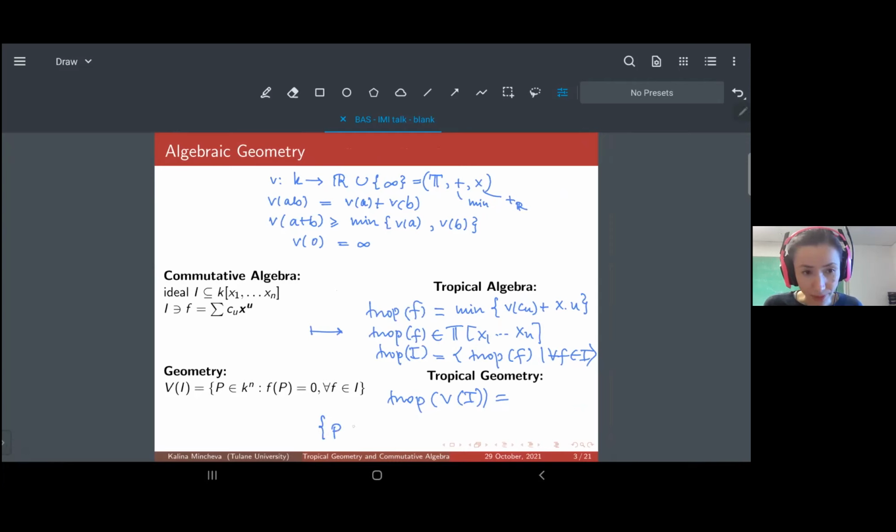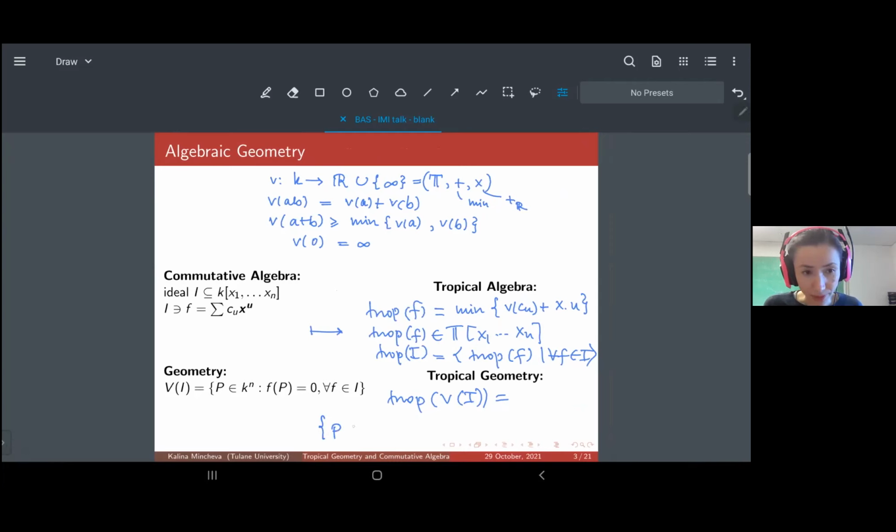Why is this a good replacement for the vanishing condition? Because one thing minus another thing is zero if those things are the same. So this is sort of an abstraction of this. So this is what happens in tropical geometry and how we define these tropical objects.